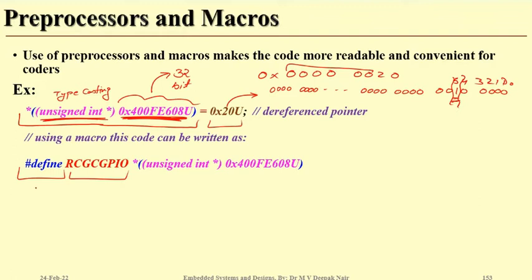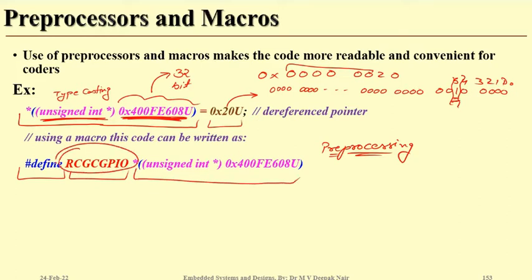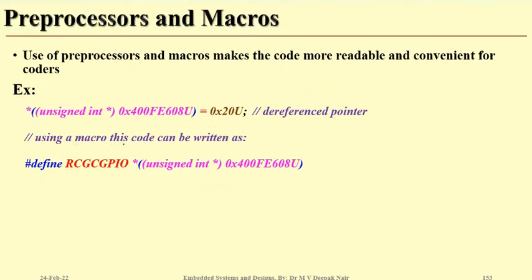This is called preprocessing, or preprocessor directives. Now, instead of writing this whole thing again and again, I can simply use this common name, which is easier to read and easier to work with. Clear?